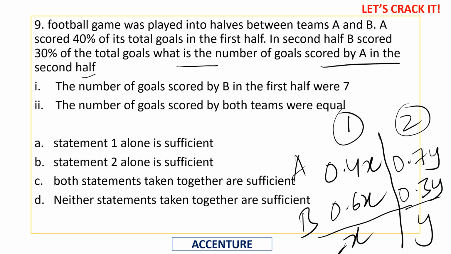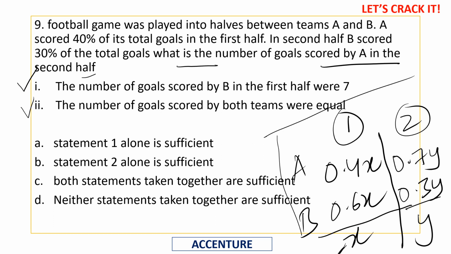So this is given in the question. Now let's read the statements. The number of goals scored by B in the first half were 7. So in the first half, the number of goals scored by B is given, so we can find X. The number of goals scored by both teams were equal.